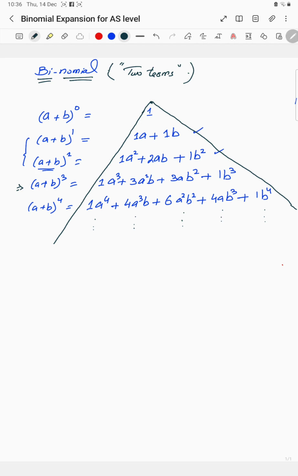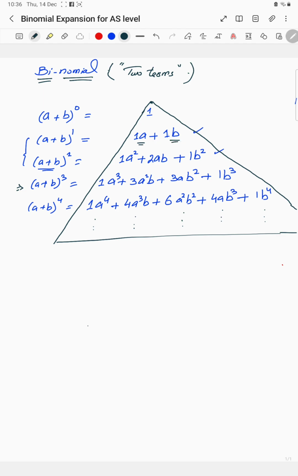Here, if you make a critical analysis of the results in this triangle, you can observe that whenever the power is 0, the result is 1. When power is 1, how many terms do we have? 2 terms.